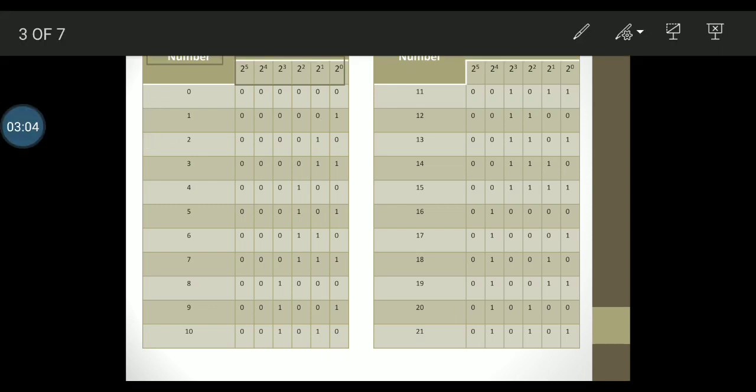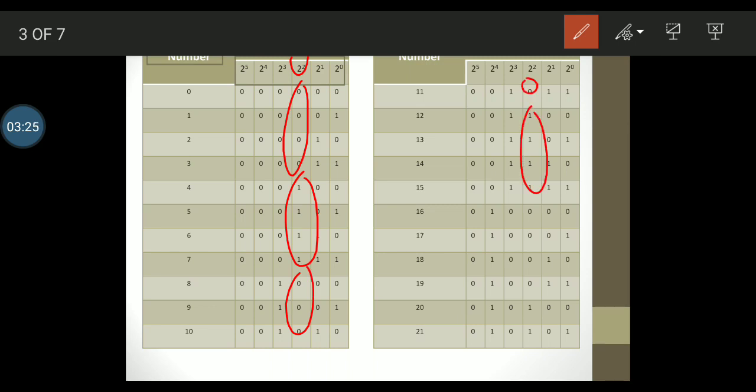The third column is labelled 2 raised to 2, which is 4. So you begin by writing zeros 4 times, followed by 1 4 times, and alternate between groups of 4 zeros and 4 ones respectively.